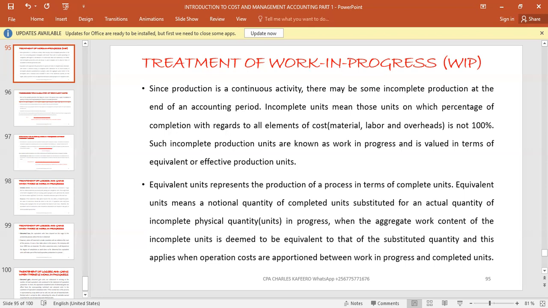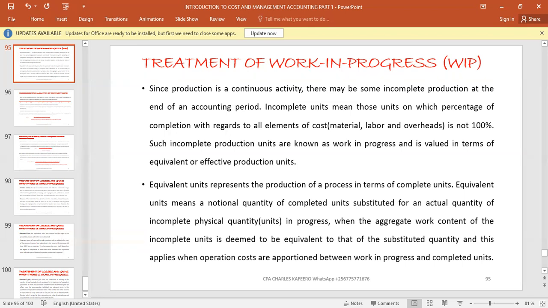And we are saying such incomplete production units are known as the work in progress and are valued in terms of the equivalent or effective production units.